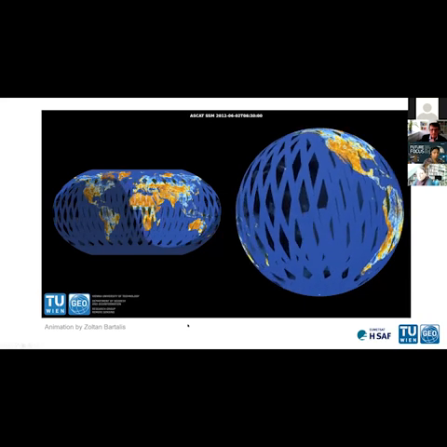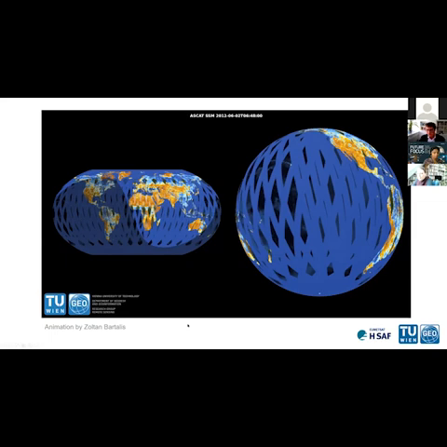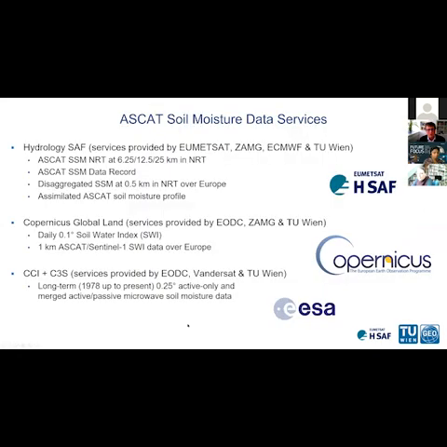So there's now a couple of soil moisture data products that are being provided from the EPS-SG and further down the stream services. So we have the surface soil moisture data provided in near real time at 6.5 kilometer grid. This is for the 5 kilometer, 25 kilometer grids.